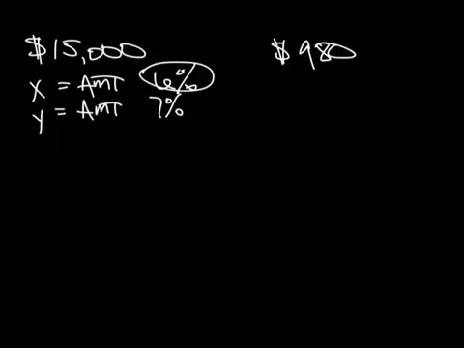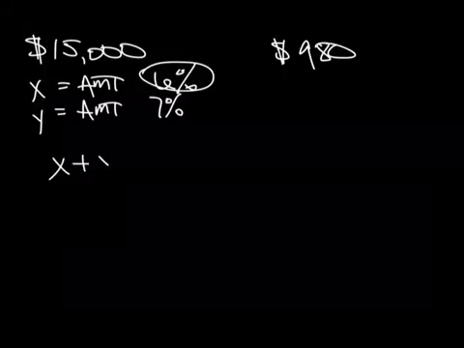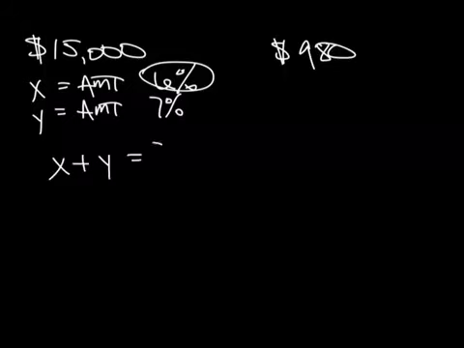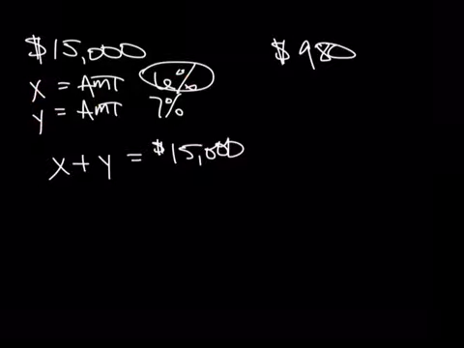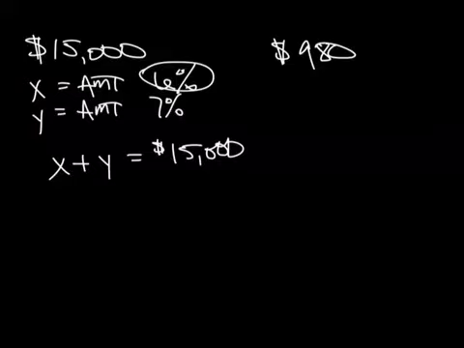So now we have to try to make some equations out of all of this. We know that if we took the amount he invested at 6% with the amount he invested at 7%, we know that he would get his $15,000. Okay, because he split that $15,000 up into two amounts. A bit at 6% and another bit at 7%, but we don't know how much that was.